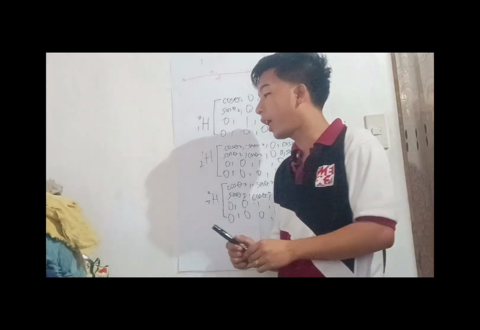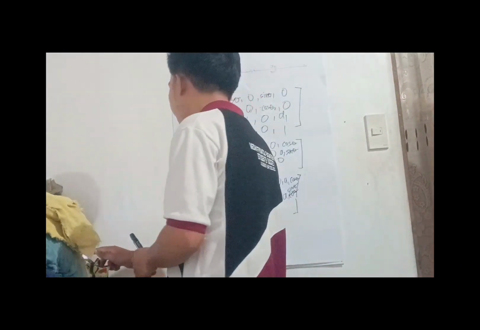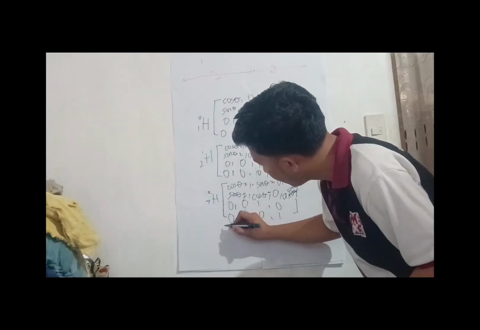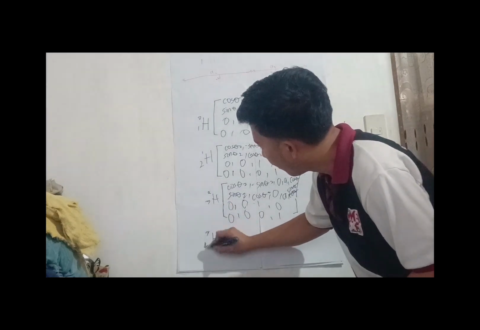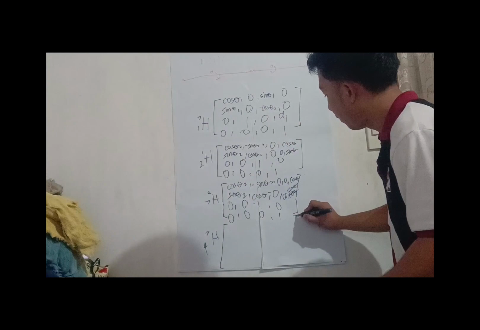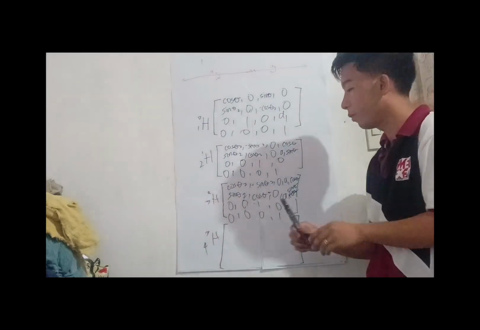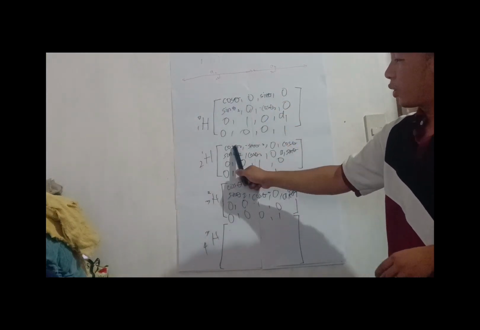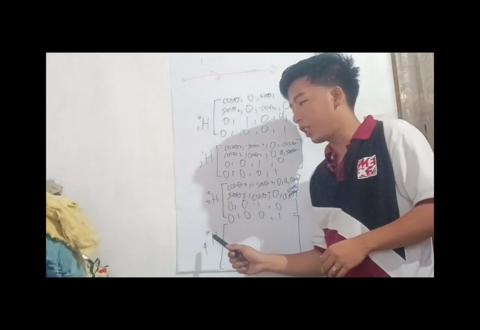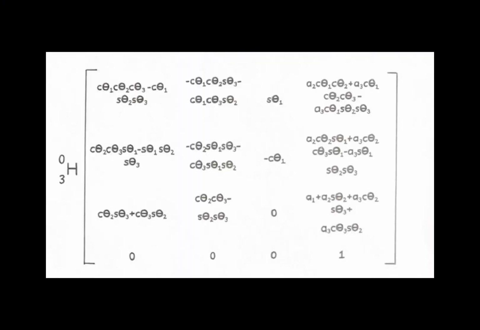So, let's proceed to the fourth, H34. So this is the H01, H12, H23, and this is the last, H34. So the next column is cosine theta 1, cosine theta 2, cosine theta 3, minus cosine theta 1, sine theta 2, sine theta 3.